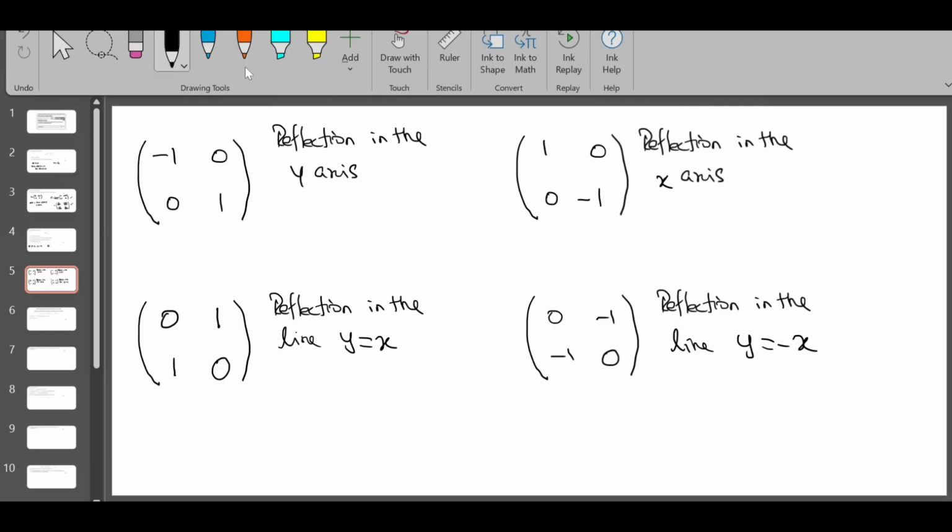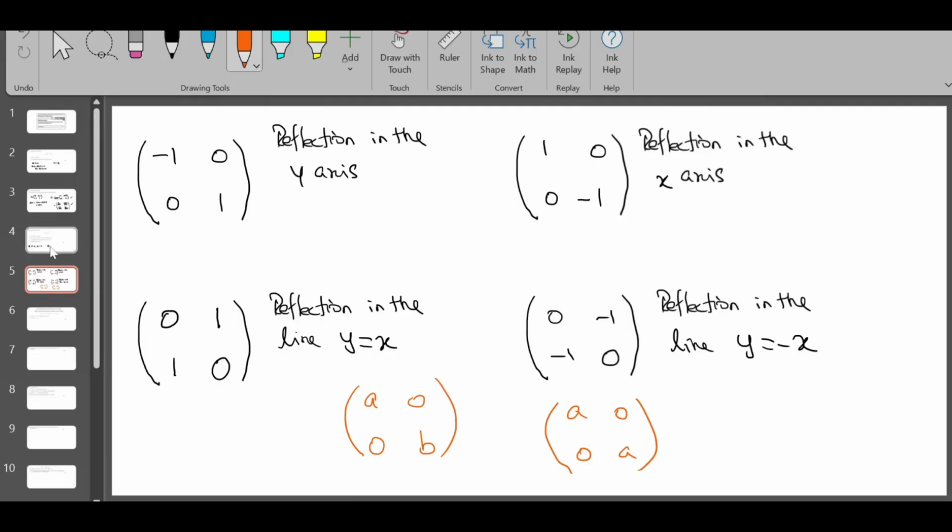And then there is a fifth one, which is A, 0, 0, B. That's a stretch by scale factor A parallel to the x-axis, and a stretch by scale factor B parallel to the y-axis. And if A and B are the same, that's an enlargement. These are all the things in Further Pure Math 1 you should remember.